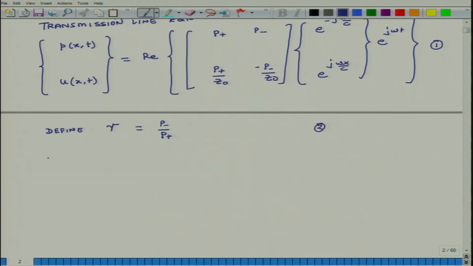So, then I can write the equation for pressure from the first equation as the real part of p plus e^(-jωx/c). What I am doing is replacing p minus by p plus times gamma, and the same thing here also.